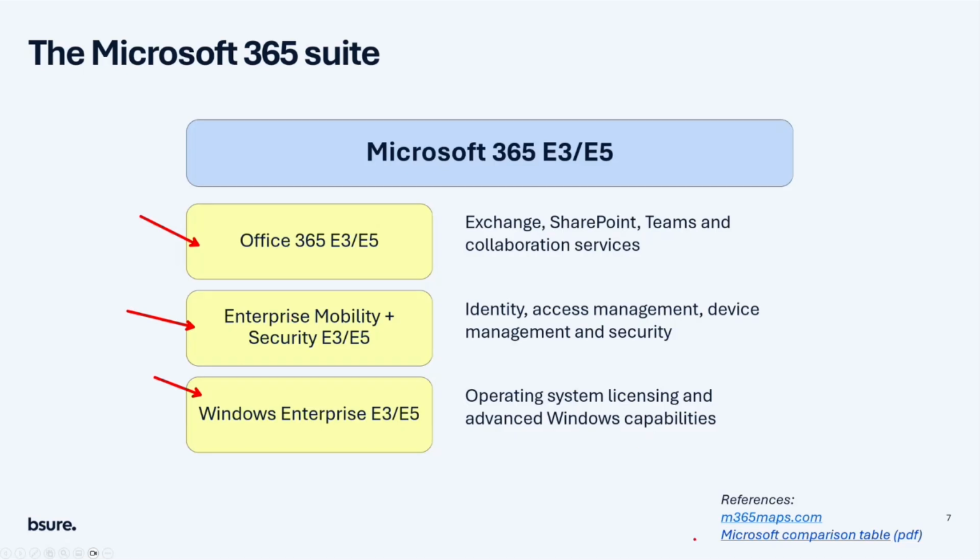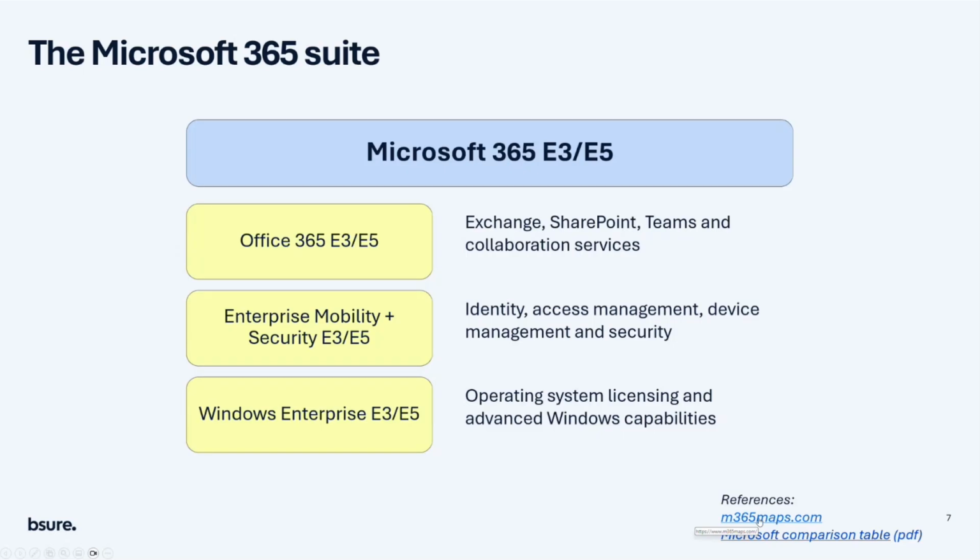I have a few references down here. Microsoft do have a comparison table of what's included in the different suites and licenses, but it's hard to understand. So I personally like using a third-party tool called M365 Maps to get a better visualization of what's included in what.